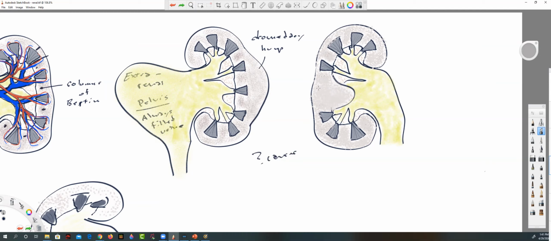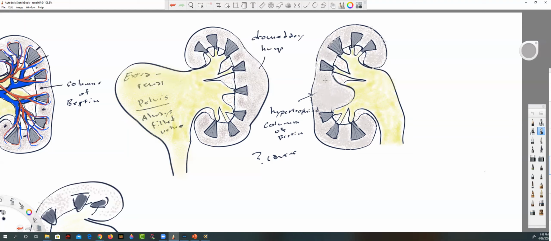The other thing we want to know about is this guy. So this is simply a hypertrophied column of Bertin. In other words, it's increased in size. And so that's here.